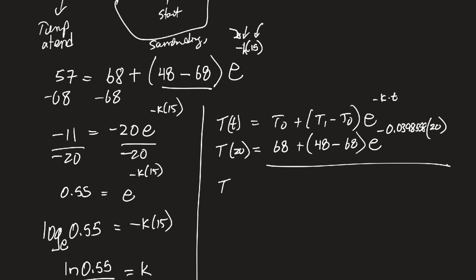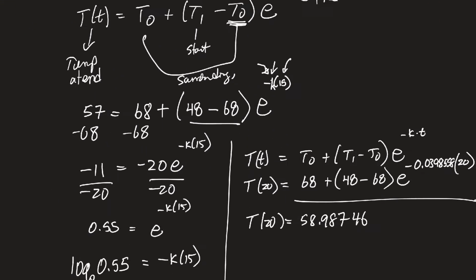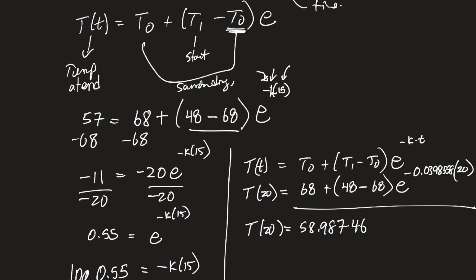So the temperature after 20 minutes is going to be 58.98746, etc. What do they say in the question? Oh, they round it to the nearest integer. So the closest integer would be 59.